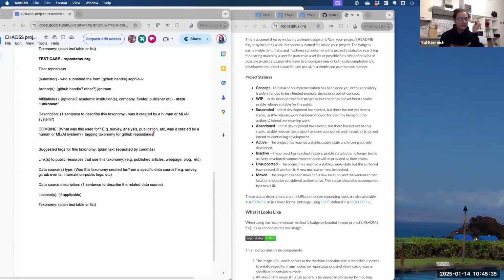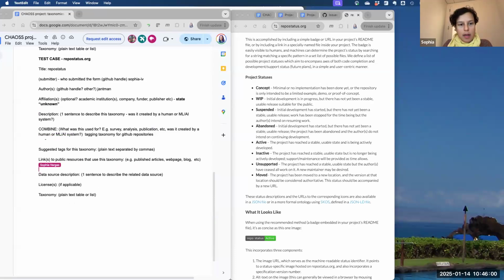Yep. The description I like to have for databases is, yes, the why, but also describe the type or types of data used. I don't know if that level is going to be interesting here, but probably. Yes. So in this case, they're looking at repo status, so repository status indicator.